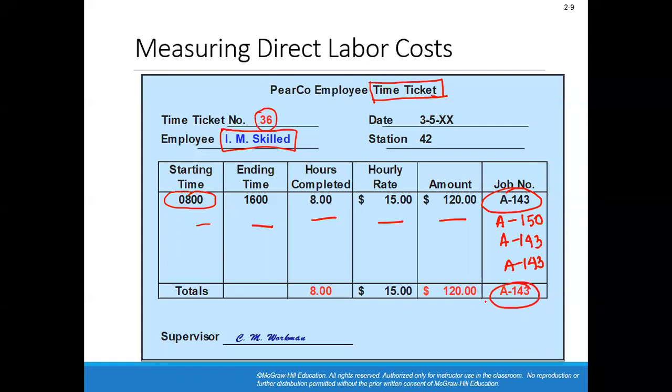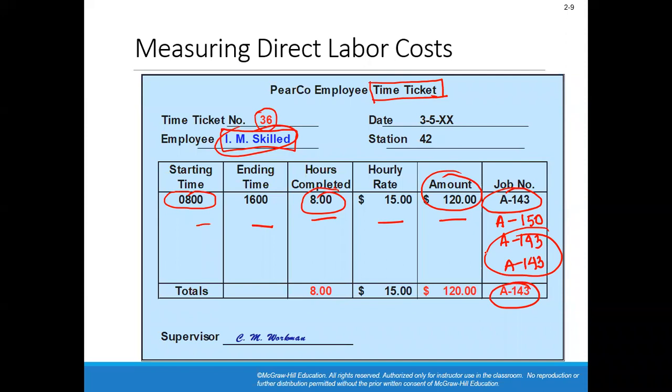So what will the computer trace? The computer will trace for this particular job how many hours this employee spent, and how much we need to pay this labor in total for this job.